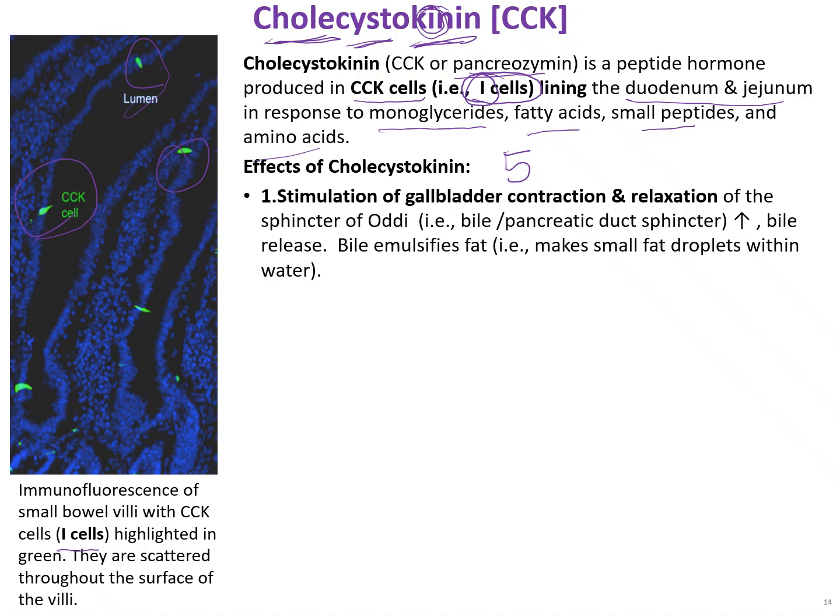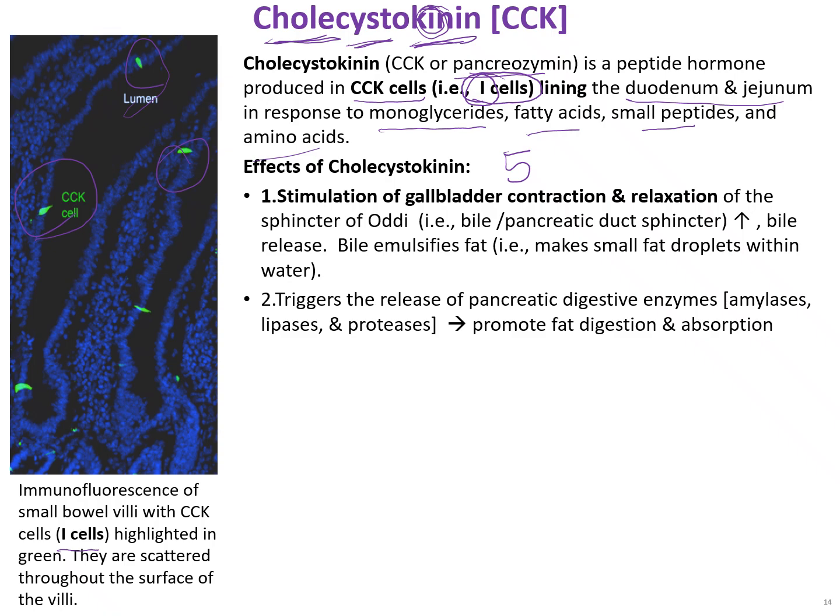Why do you need bile? Bile is important to emulsify fat, because fat is not soluble in water. Bile acts as an emulsifying agent, which means it reduces the interfacial tension between the aqueous phase and the oily phase so that they mix together, and that enhances lipid absorption.